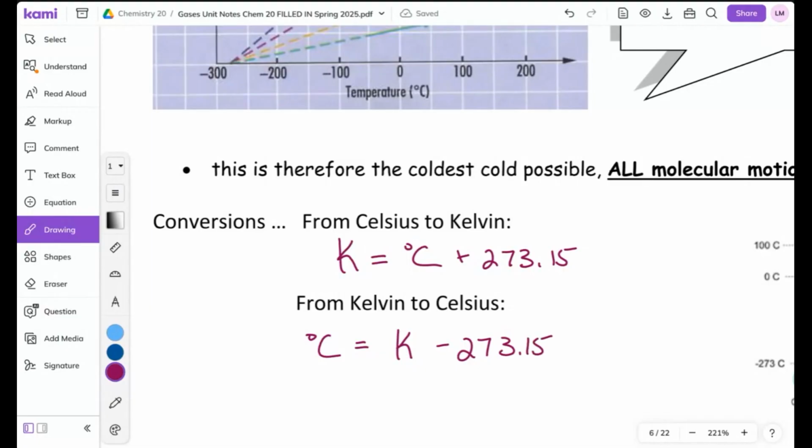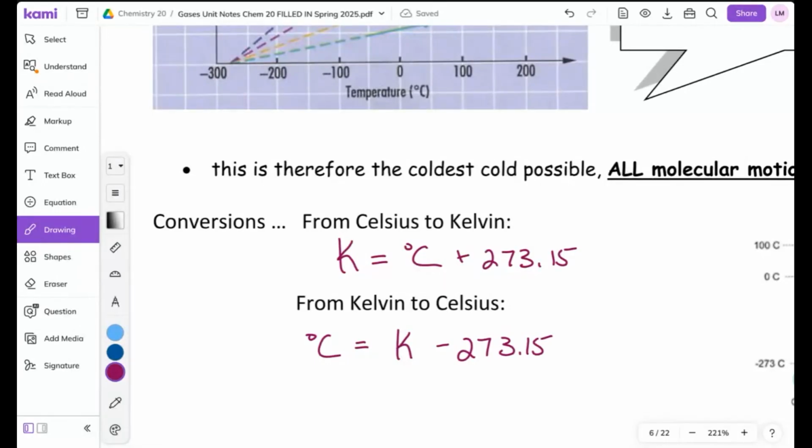For myself personally, to remember when to add 273.15 versus when to subtract, I always remember that Kelvin compared to degrees Celsius is always going to be the bigger of the two numbers.